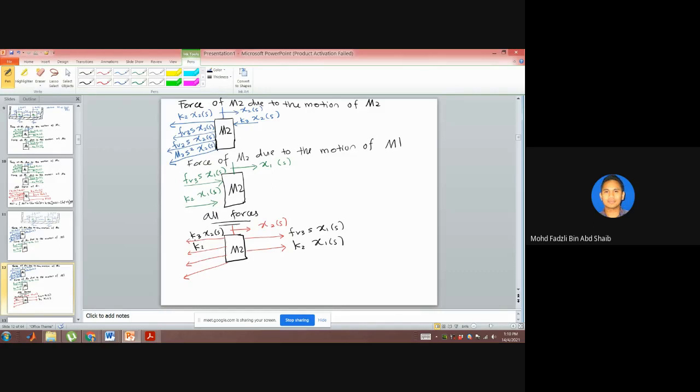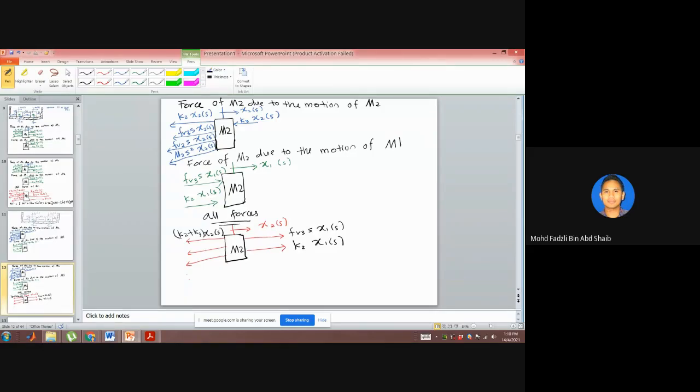Okay. From previous part, if K2 and K3, we just combine, okay? For your simplicity, you can combine it, okay? K2 is here, K3 is here, so K2 plus K3 times X2 s, right?